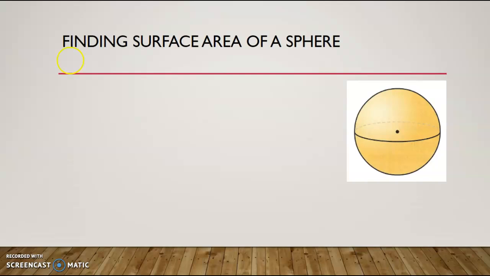So when it comes to finding the surface area of the sphere, the book goes into a long drawn out explanation about how it's related to the lateral surface of the cylinder. If you really want to know how they came up with the formula, come find me. I'm happy to tell you.